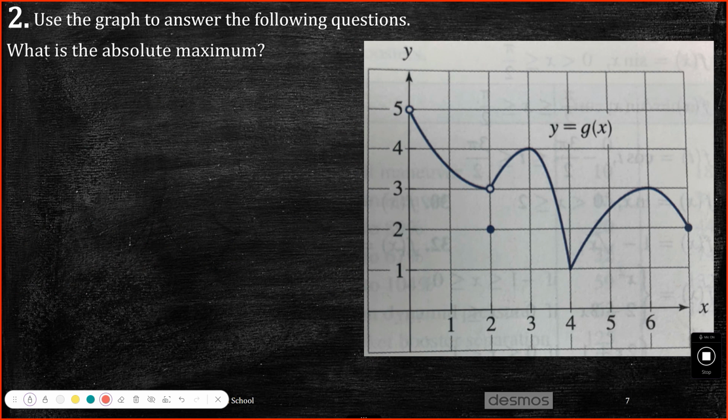Why would it not be 4? The endpoint on the left is not defined, so we wouldn't have a max. If we follow the definition we just came up with, the function does not have an absolute maximum value because it's not defined on the left end.